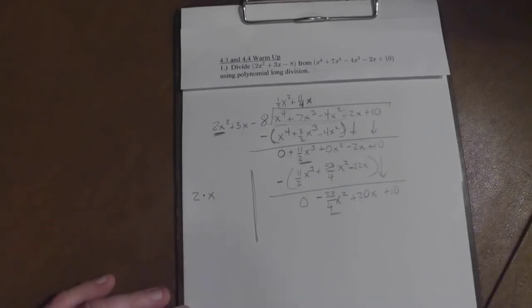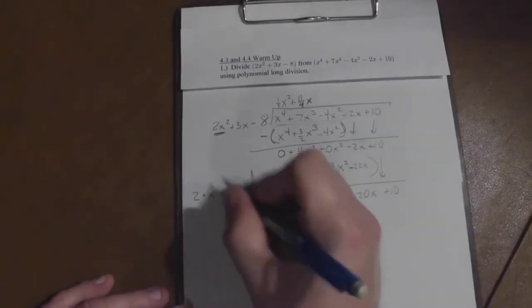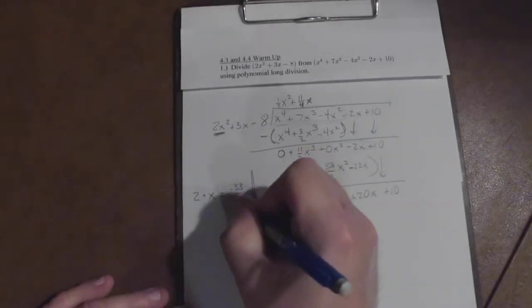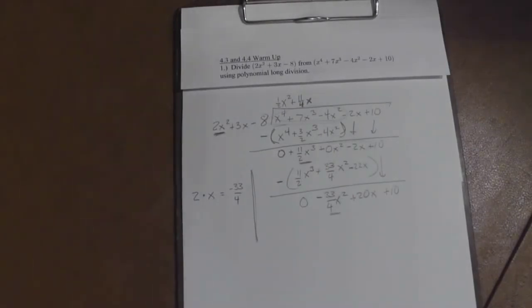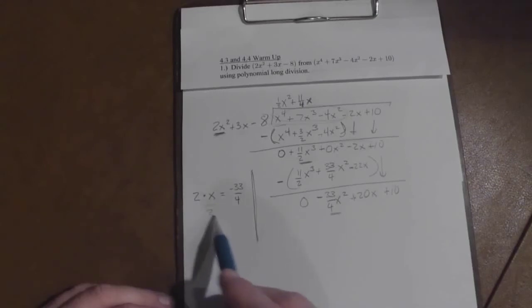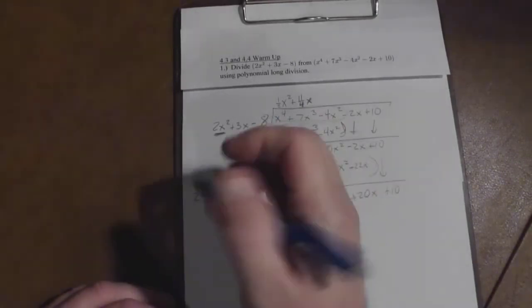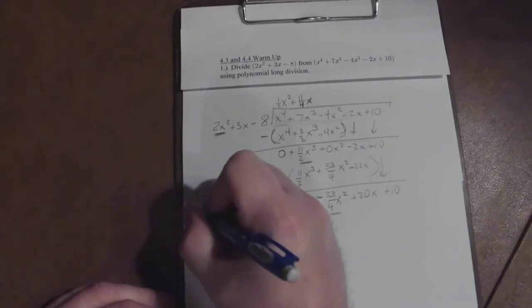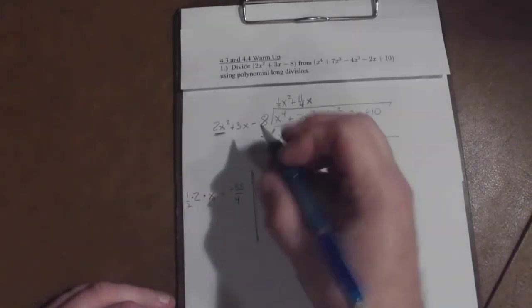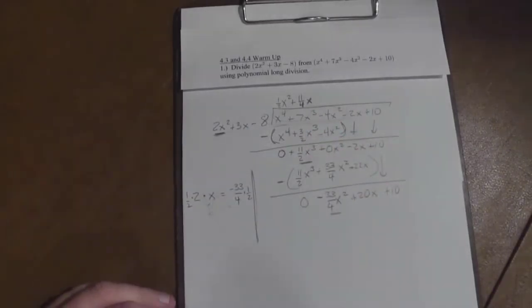We're kind of asking ourselves, 2 times what number x equals negative 33 fourths? And how would we solve that for x? Well, to solve that for x, we would divide both sides by 2, which is the same as multiplying both sides by 1/2 in value.